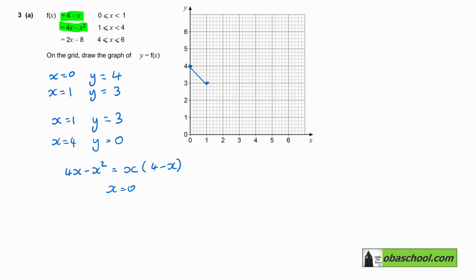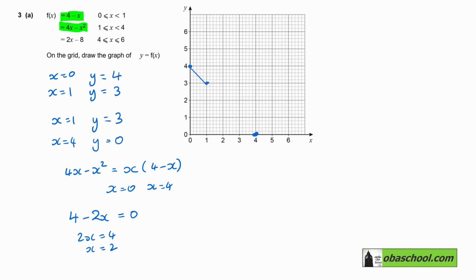If it were to continue past 1, it would go through this point, and x equals 4. So we have that point there. What else can we find? Well, if we differentiate it, we would get 4 minus 2x. And if we put that equal to 0, that gives us 2x equals 4, x equals 2.